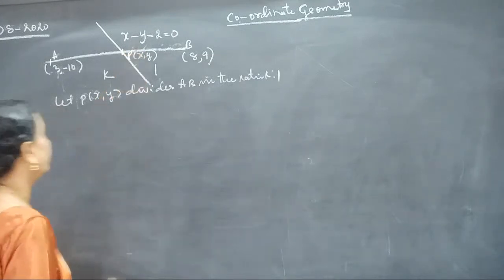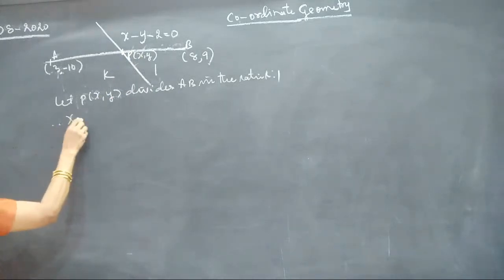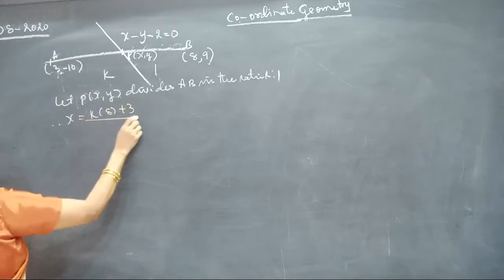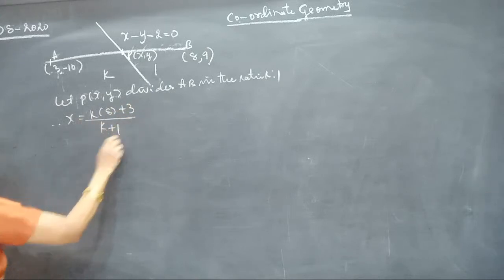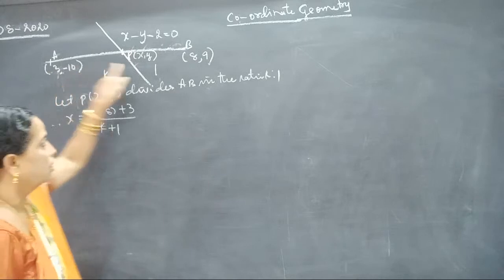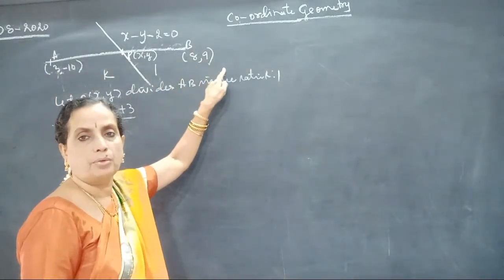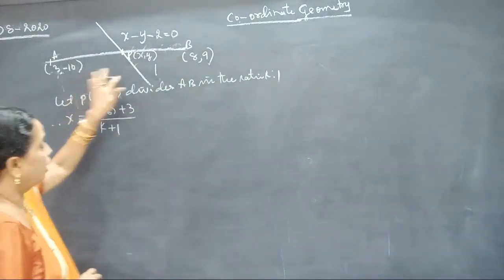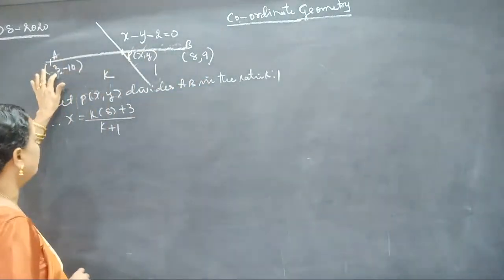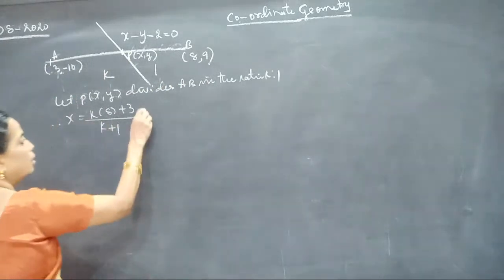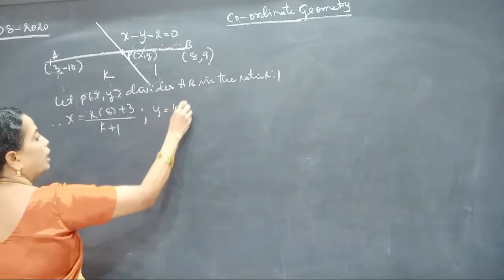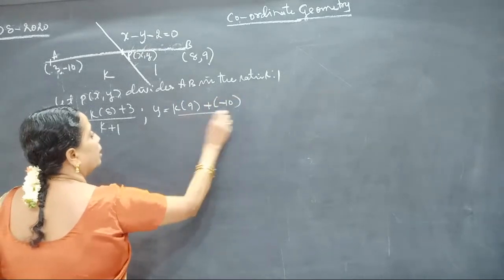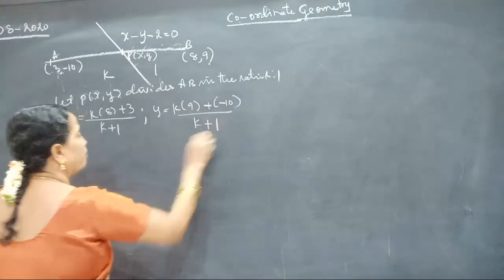Therefore, x equals k x2 plus x1 by k plus 1. This is x1, y1, x2, y2. Here I am applying the section formula, that is, k x2 plus x1 by k plus 1 and k y2 plus y1 by k plus 1.